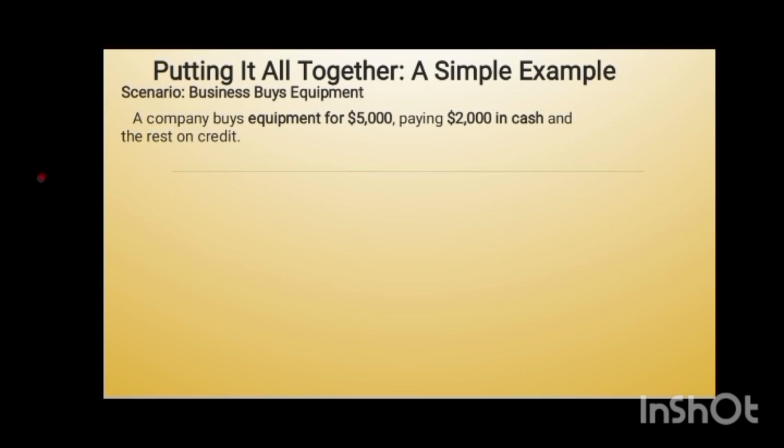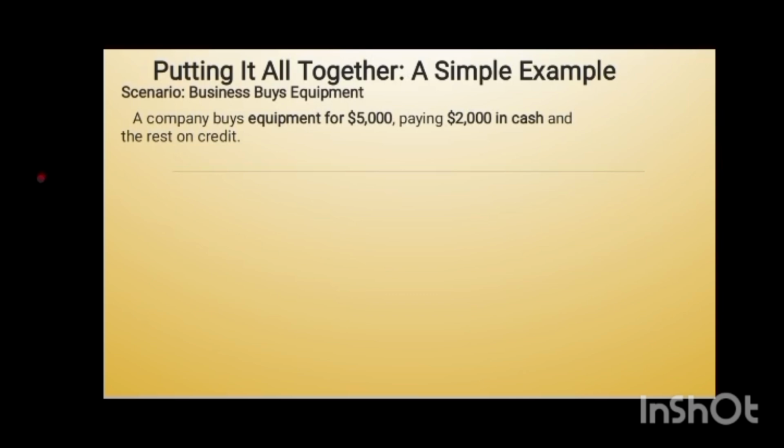So, the business has bought machinery or equipment of $5,000. For that, they are paying $2,000 in cash and the rest on credit.